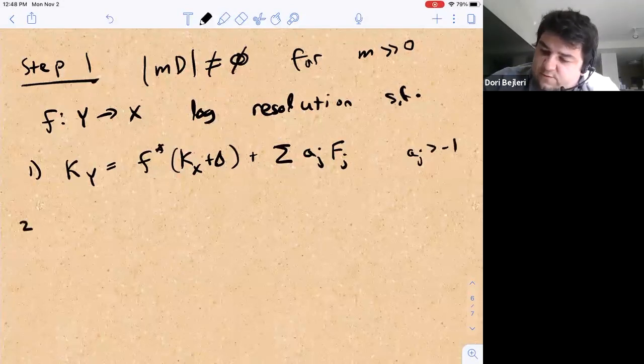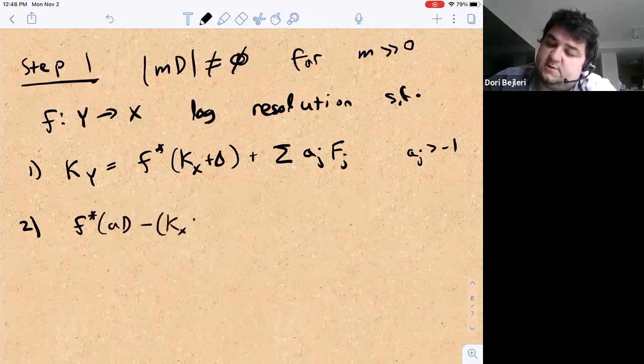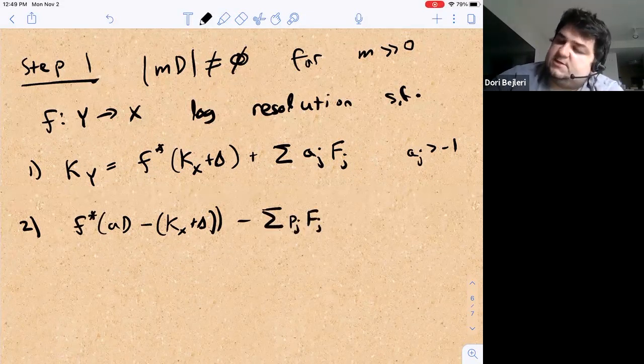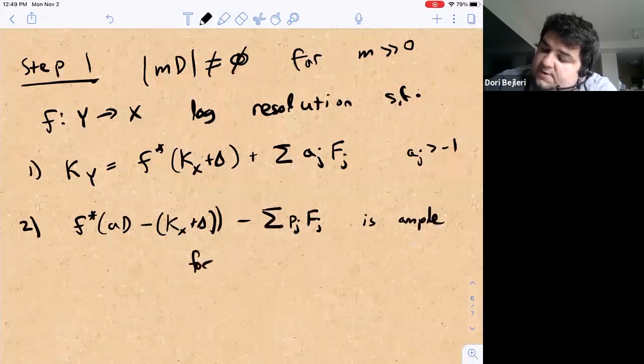And then 2, we'll write f*(AD − (K_X + Δ)) minus the sum of p_j F_j. So we're going to pick a resolution where we can write an expression like this, where this is ample for these p's small enough.